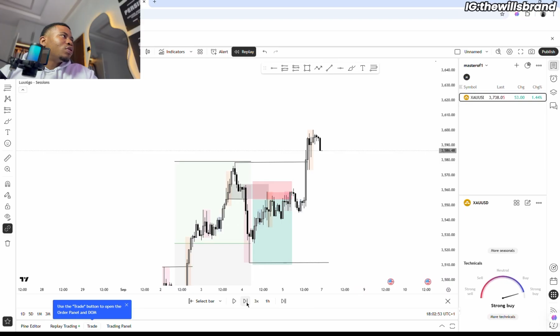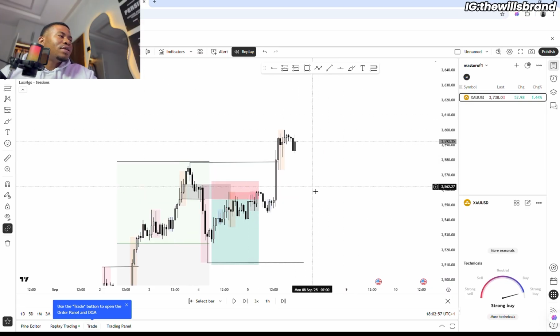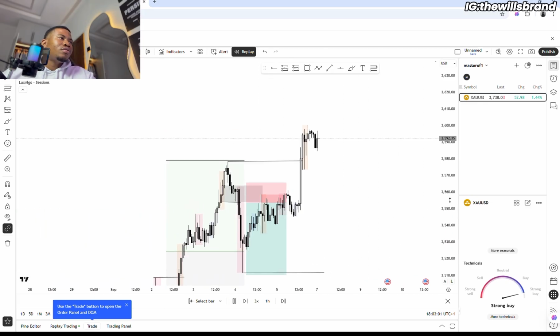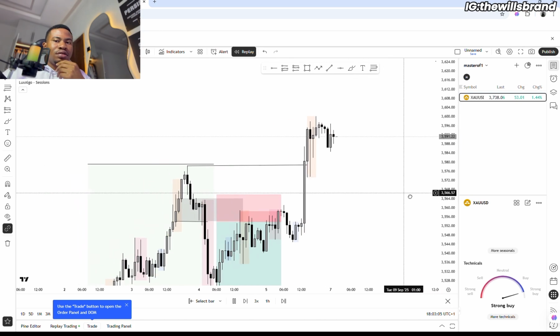And how do we wait for swing high? I usually go to 15 minutes to see when we get that change of character so I can mark my swing high, right? So let's see, this should be fast.